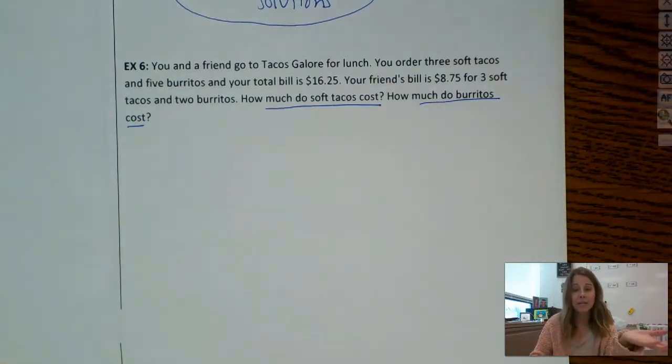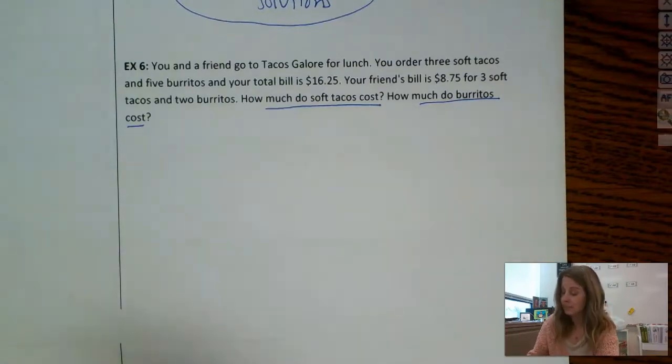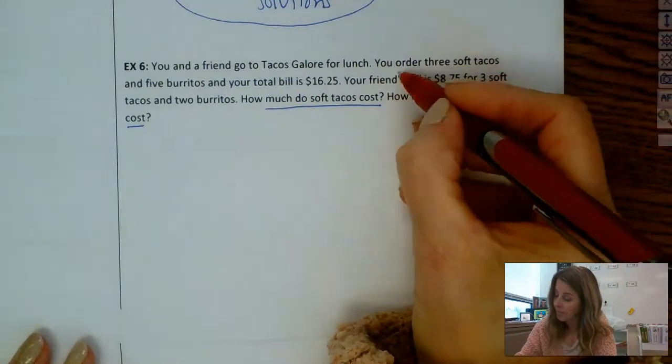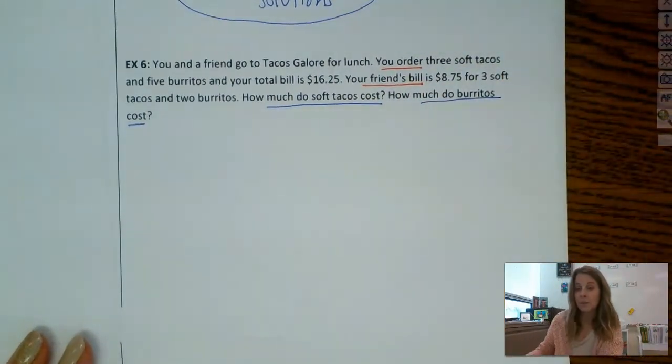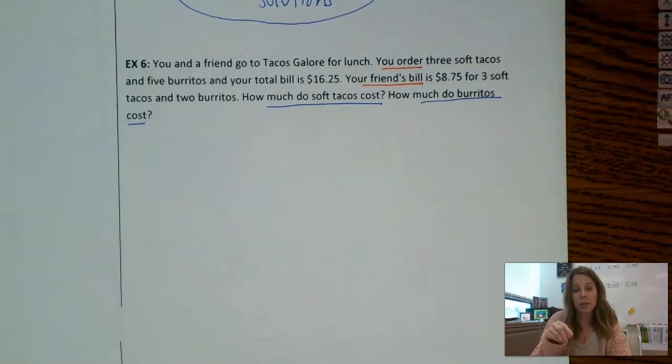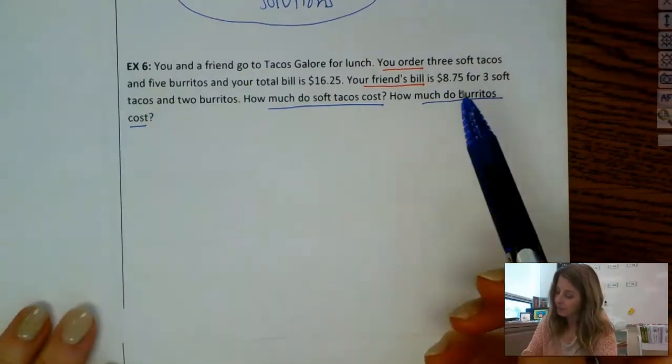So I'm trying to come up with how much it is per item here. So I have money and numbers of tacos and burritos. But what I want you to see here is my 2 topics are your order and your friend's order. So I'm going to write one equation taking into account the tacos and burritos and how much I spent, and a second equation with your friend's.